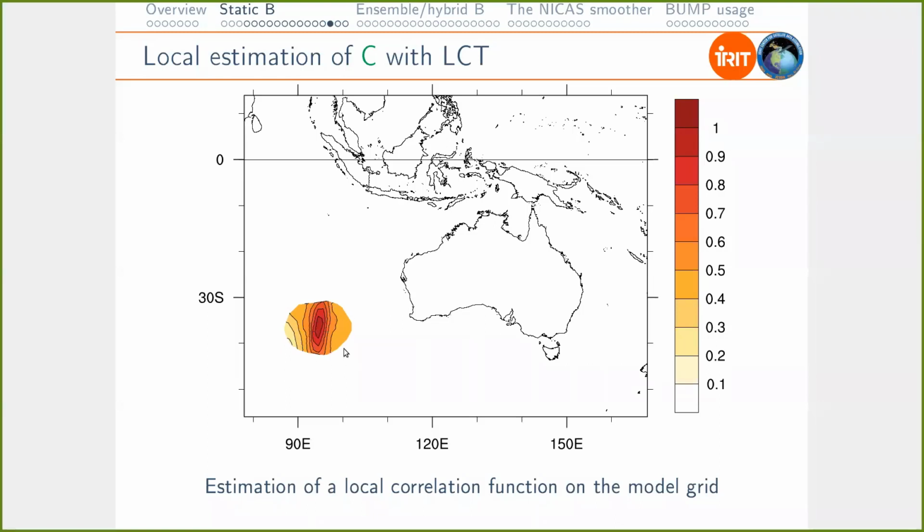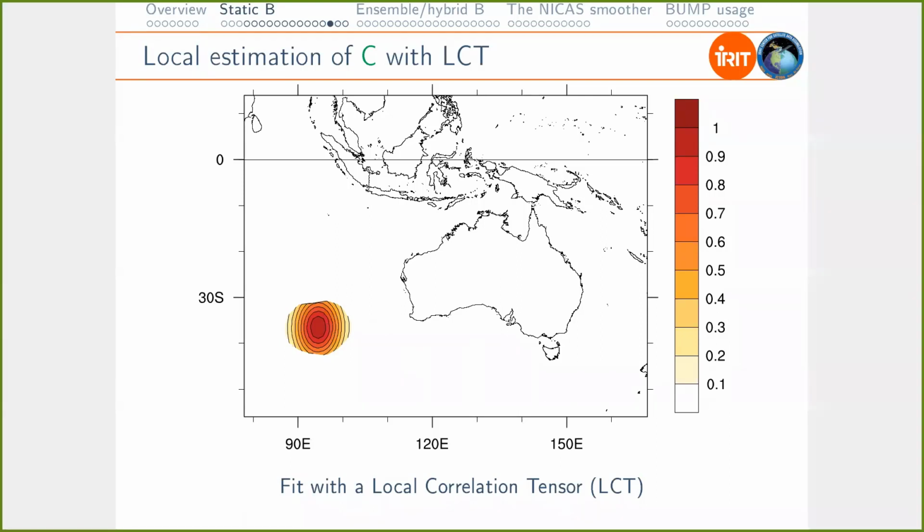It's a very detailed one, and we can see that it's anisotropic. This is estimated from the ensemble. We will fit this local correlation function with a tensor, an ellipse with 2 axes and different length scales on the 2 axes, and also an off-diagonal component to give the tilt of the function.